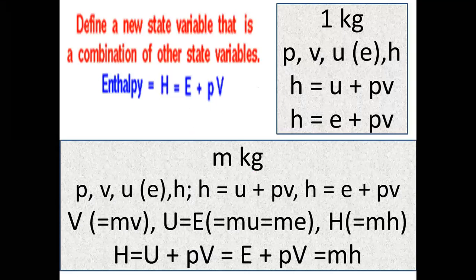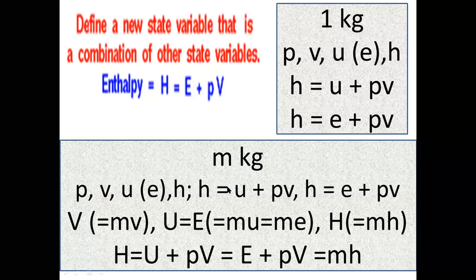Okay. So enthalpy H is E plus PV, that is from the NASA website. For 1 kg, you can see this is H equals U plus PV, or E plus PV.